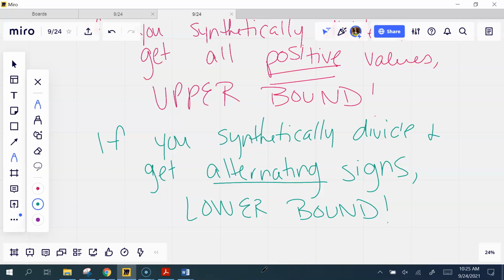Then it's not a bound. So this just tells you that my zeros are never bigger than this value or smaller than that value, which is helpful whenever you don't know what they are. As long as it's alternating. It could be positive, negative, positive, or it could be negative, positive, negative, positive. That's still alternating.